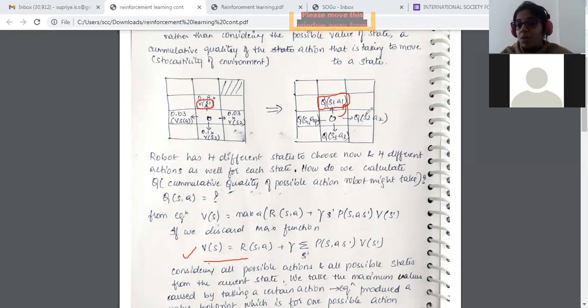But whichever is maximum out of these four, I'm going to take the maximum value as my quality, to identify the quality of S comma A. So to identify the quality of this, I'm going to consider the maximum value out of all of these four, and I'm representing that as Q dash S1 A1, Q dash S2 A2, Q dash S3 A3, and Q dash S4 A4. So what did I do?